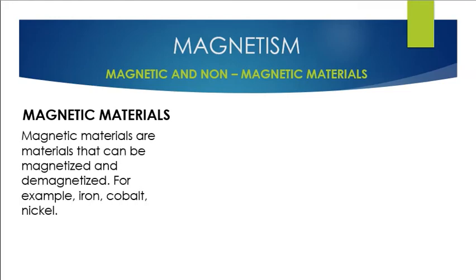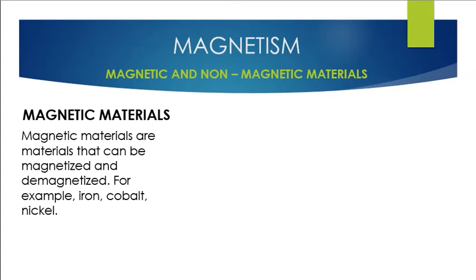And this is because they can be magnetized and demagnetized. Don't worry about these two words that have been introduced, magnetized and demagnetized. For now, understand that magnetic materials are materials that can be magnetized and demagnetized. These are the materials that can be attracted to a magnet. Examples include iron, cobalt, and nickel.